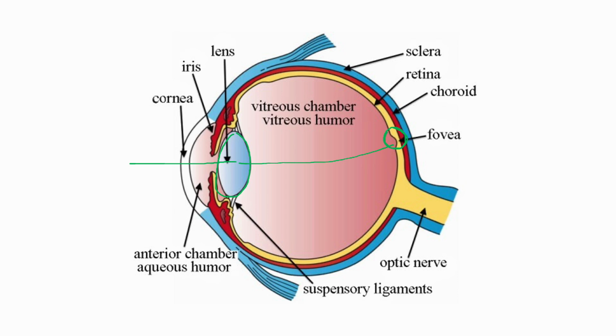It can be flattened or stretched or relaxed based on something called the ciliary body. Those are smooth muscles that change the shape of that lens. And those are connected to the lens by these suspensory ligaments. So this area here, it's not labeled, but this area here would be the ciliary bodies. They're going to help change the shape of that lens.